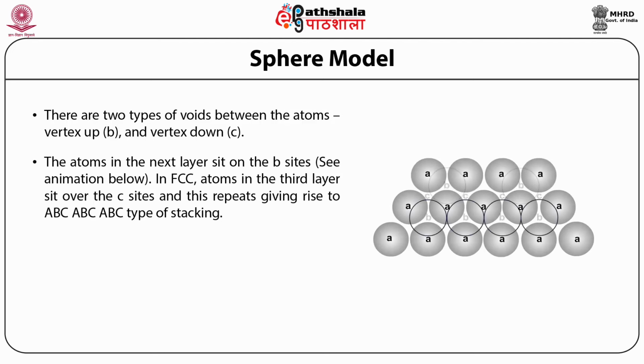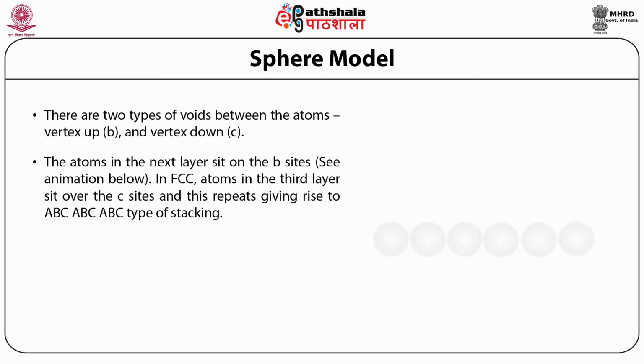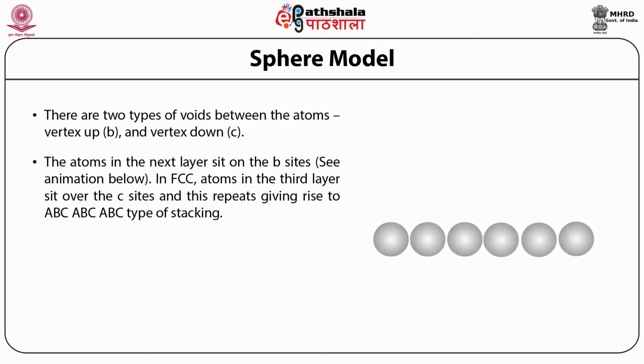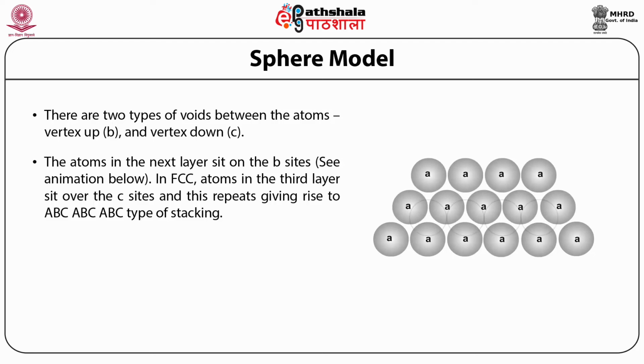In FCC, atoms in the third layer sit over the C site, and this repeats, giving rise to ABC, ABC, ABC type of stacking. It means you see here the A, then the next layer of atoms will sit in the B, and the next layer of atoms will then go over to the C vertex. So that will make an FCC structure.